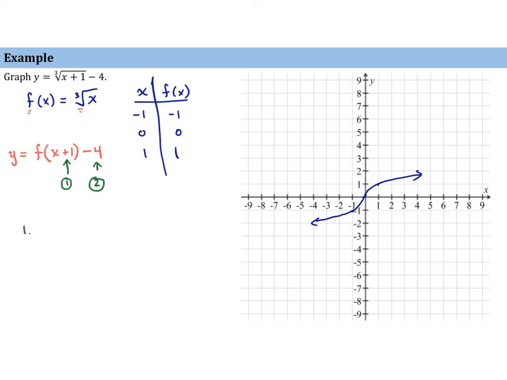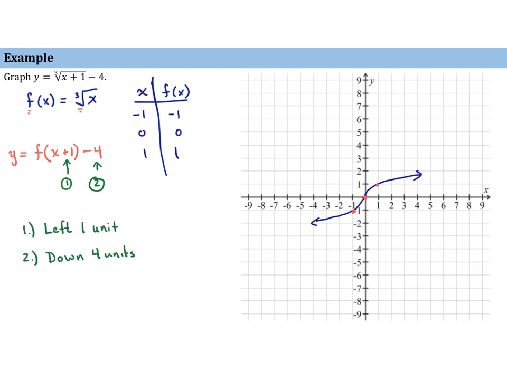So the first thing, an addition of 1 in the input, corresponds to a shift left of that many units. So this is left 1 unit. And then secondly, a subtraction of 4 after the parent function has been applied is a vertical shift down of 4 units. So each one of these 3 guide points gets shifted left 1 and down 4.